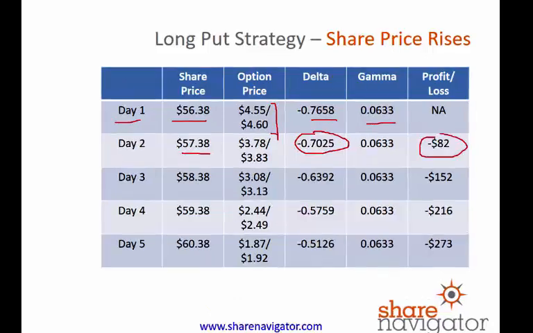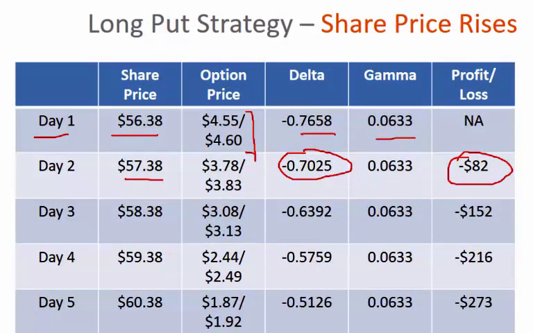In that situation, we've made a loss of $82 per share because we bought the option at 460 and now we only get to sell it at 378. So that would be a loss of $82 per share. Now we get to day three and the share price has gone up another $1. You can see our put option has now gone down to 308 because we take the previous day's option price and the delta, and that brings us down to 308 because the share price has now gone up another $1.